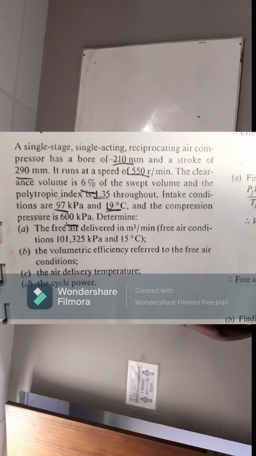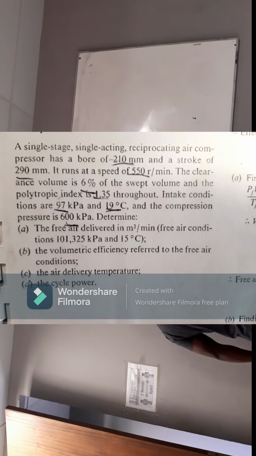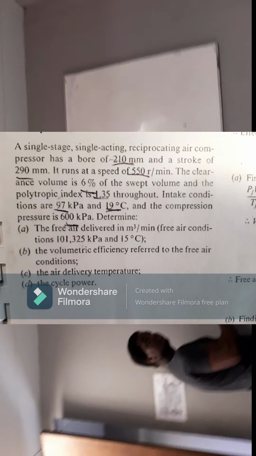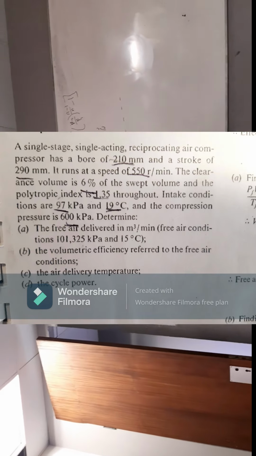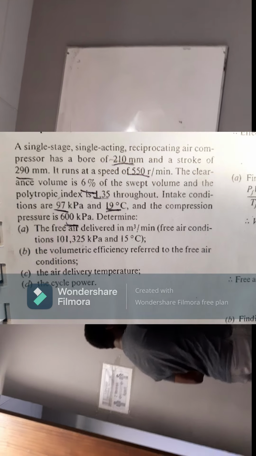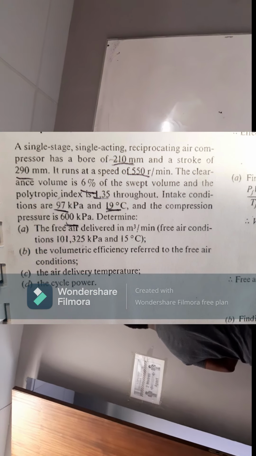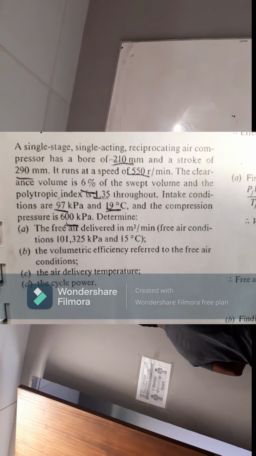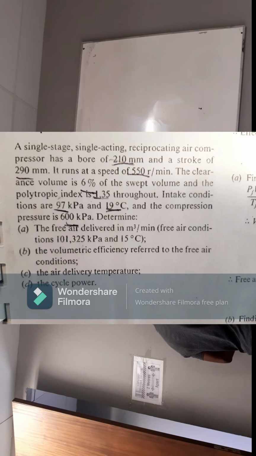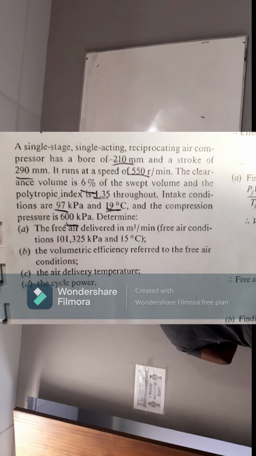Can you read it for me? 17.3. A single stage, single acting, reciprocating air compressor has a bore of 210 millimeters and a stroke of 290 millimeters. It runs at a speed of 550 revolutions per minute.